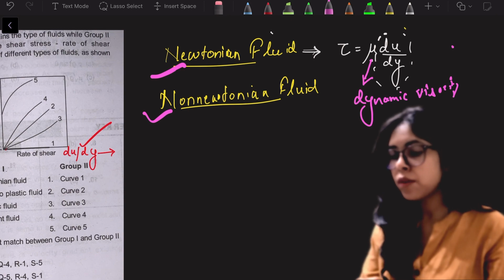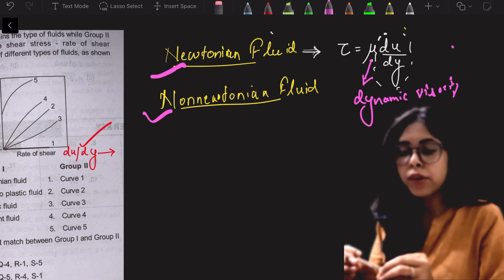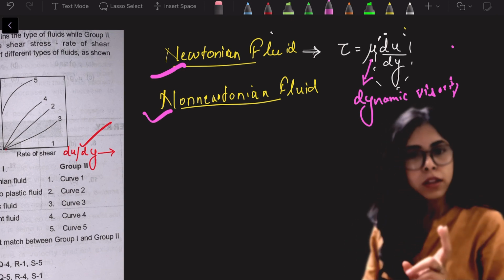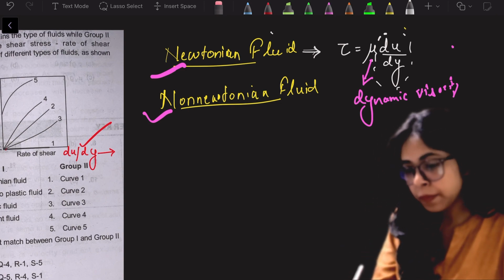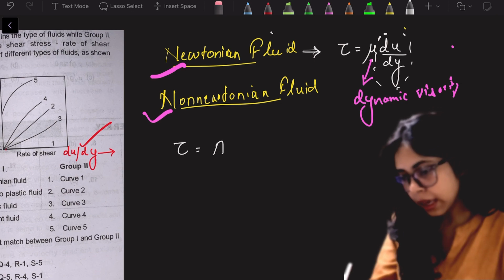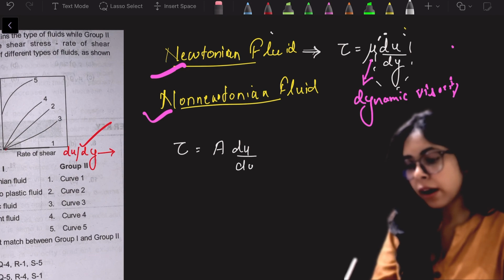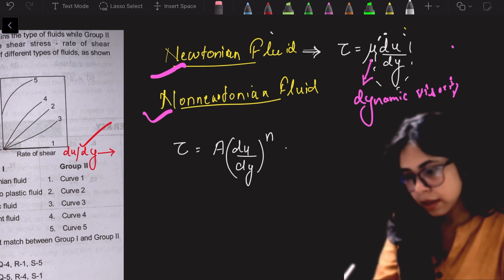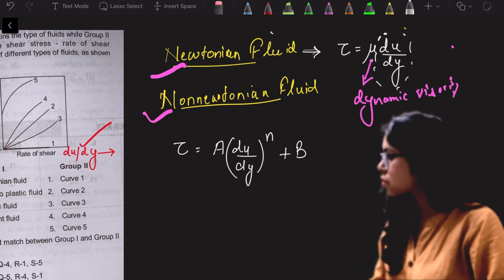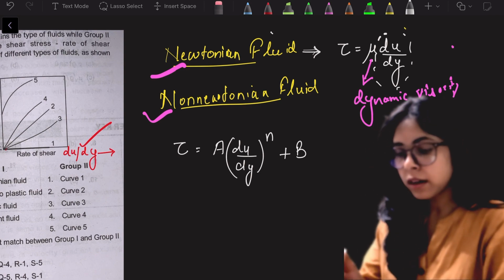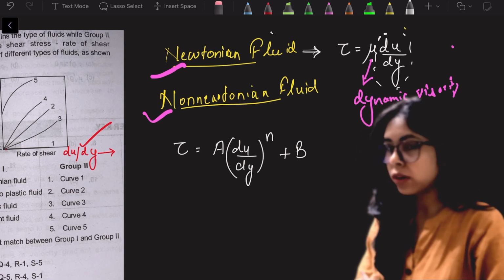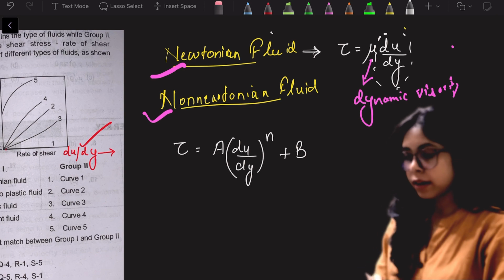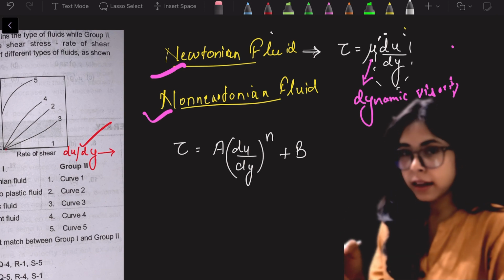Okay, now how are non-Newtonian fluids different from Newtonian fluids? For non-Newtonian fluid, we have the equation tau is equal to A (du over dy) to the power n plus B. In this equation, tau is the shear stress and du over dy we already know, the velocity gradient. Now what are A, n and B?